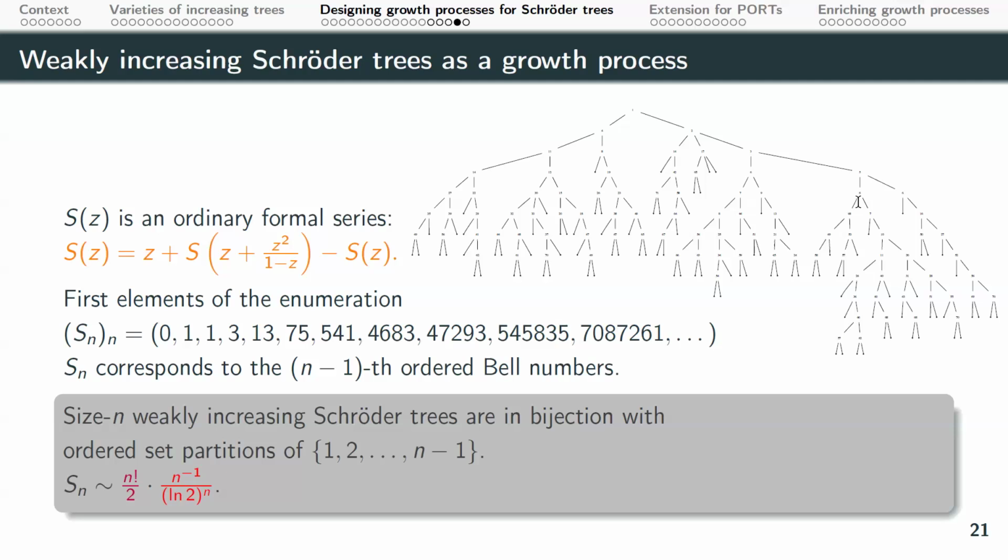In fact, this corresponds to trees without repetitions of size n. And when we allow repetitions, we have another bijection with ordered set partitions of this size, so n-1. And I think that these numbers are counted asymptotically by this formula. But maybe there is some typo.